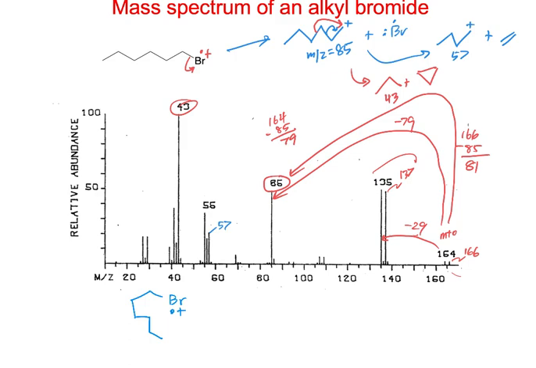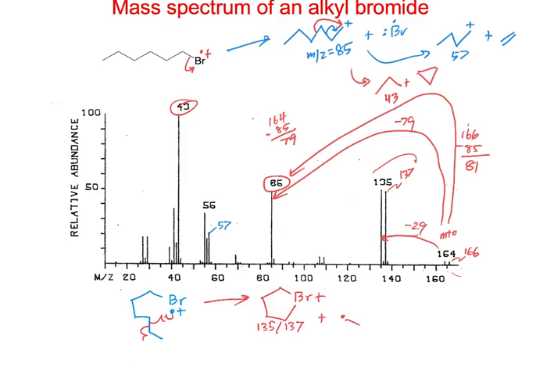This bond closes up here, and we have a cyclization like this. So this would create a 5-membered ring cation, where we lost 29. So this would be 135 and 137.